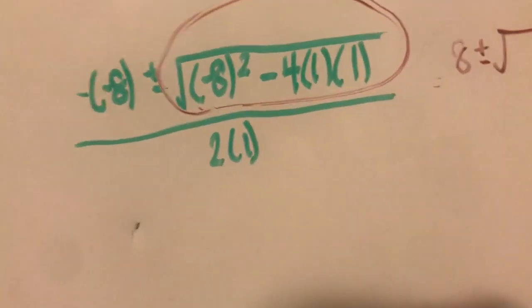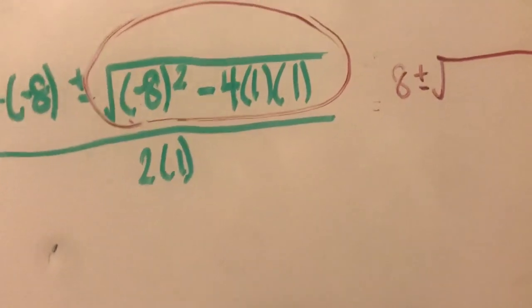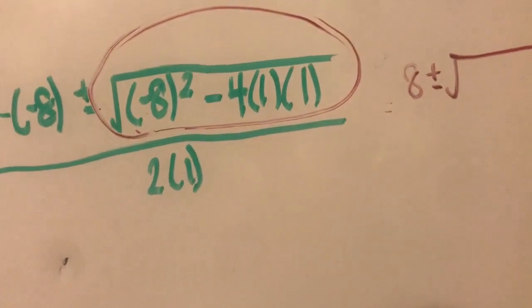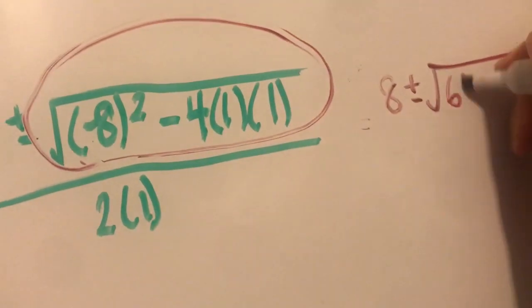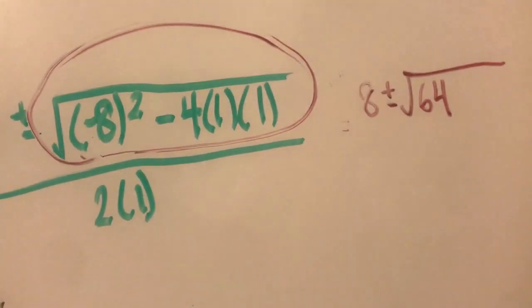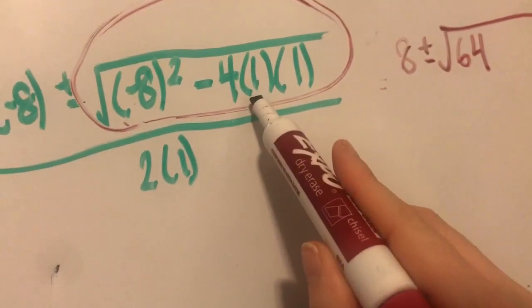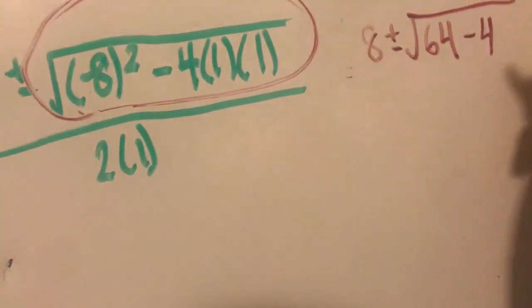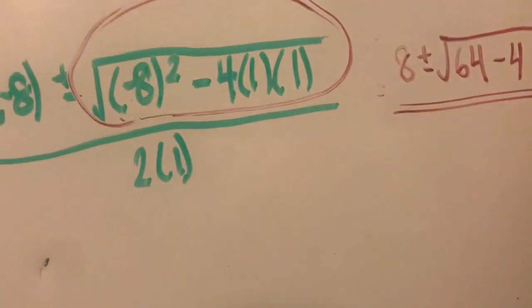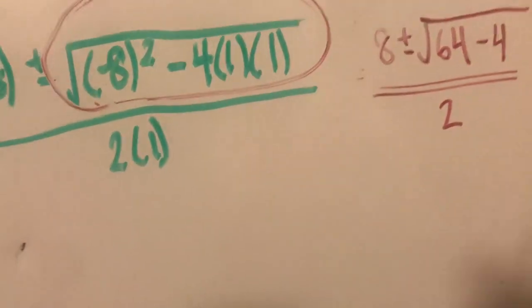And now I'm looking, okay, negative 8 squared. Straightforward calculator question. Make sure you're putting that negative in parentheses because I know it's going to give me a positive, specifically a positive 64. Now I'm going to multiply negative 4 times 1 times 1, which is just going to give me a negative 4. And I'm dividing that whole thing by 2 times 1, or just 2.